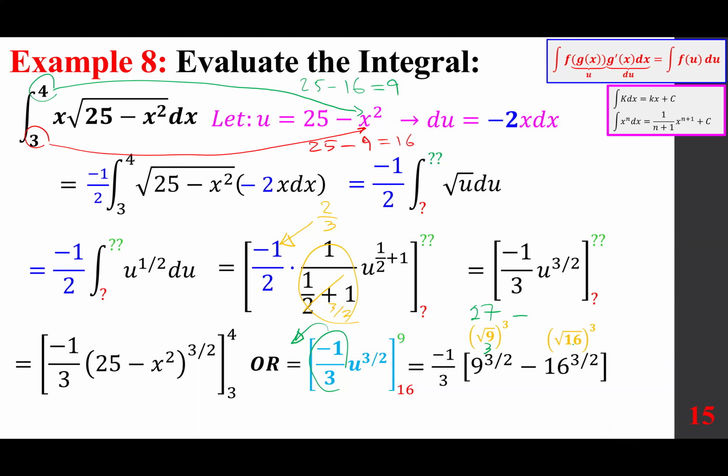Square root of 16 or 4 cubed is 64. 27 minus 64 is minus 37. The product of these two numbers is positive 37. So it's fairly basic, but I hope you see that the new limits make it a tad easier to evaluate versus the original limits. Okay.